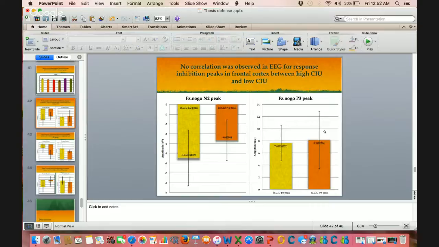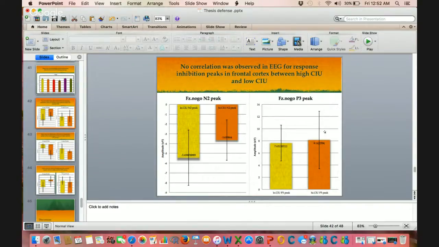I next want to present to you my EEG graphs. The EEG graphs show midline region brain channels located frontal, central, and parietal, in that order. So what we see here is the FZ no-go.